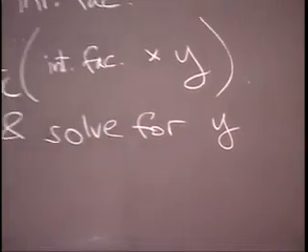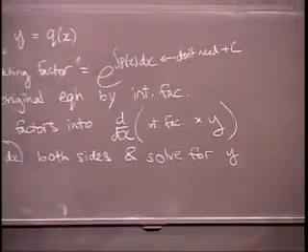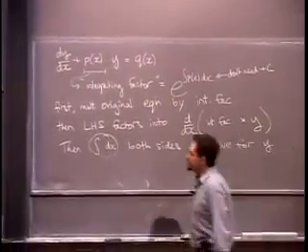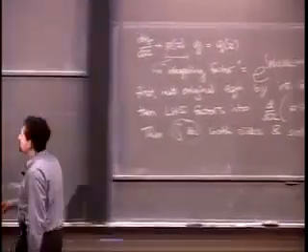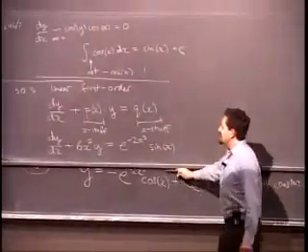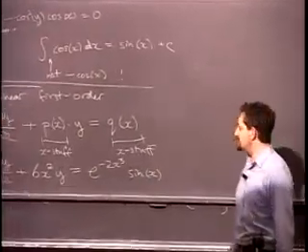Okay, I haven't said why this works, but at least this should give us some insight into how I knew to do what I did before. So let's go over to this problem here, and let's cover up the bottom, and just look at this equation here. What's the integrating factor?